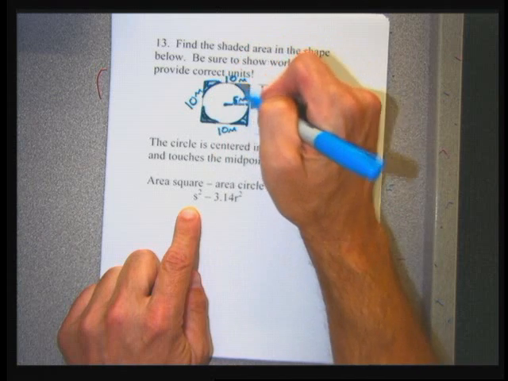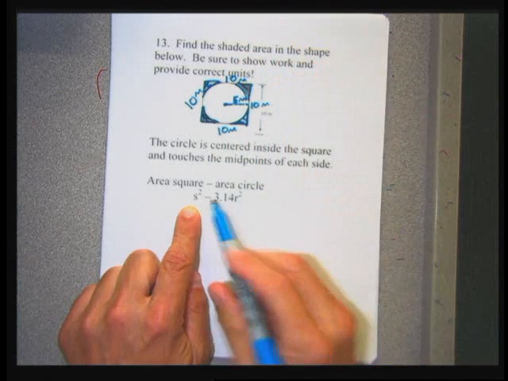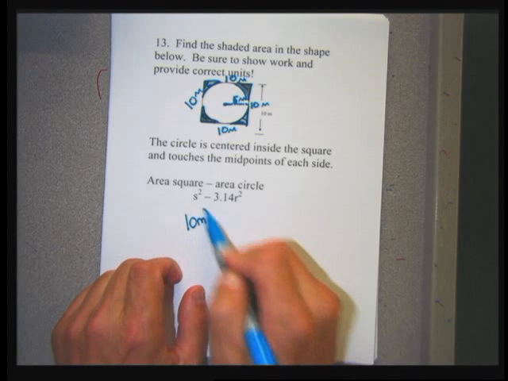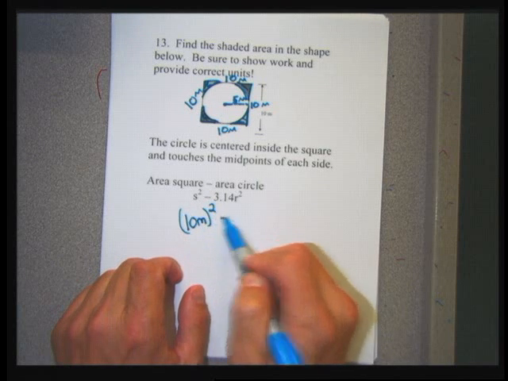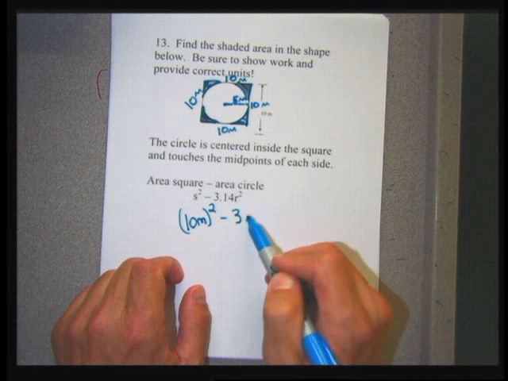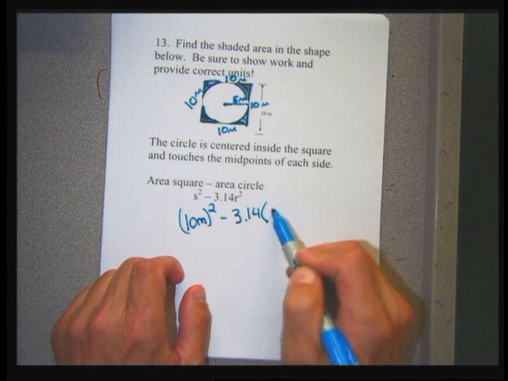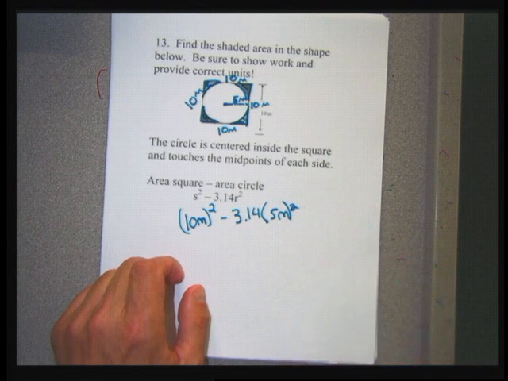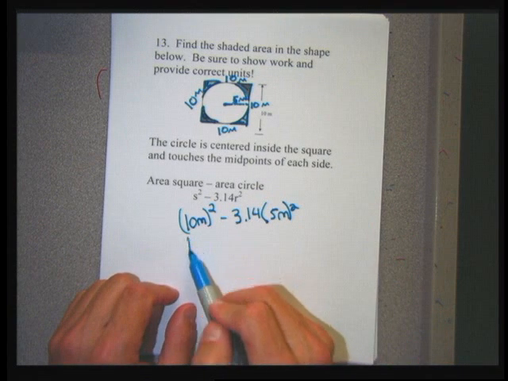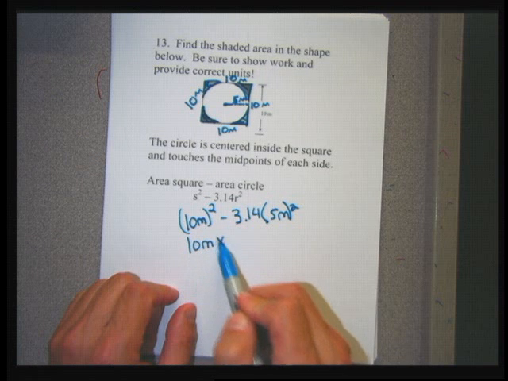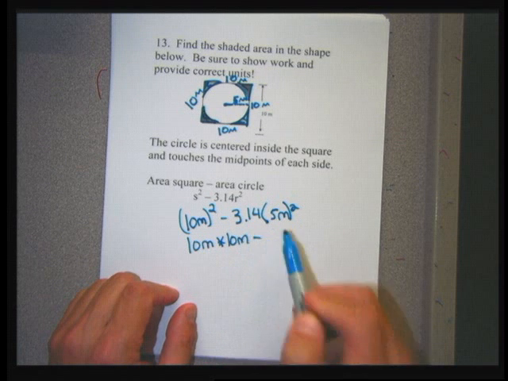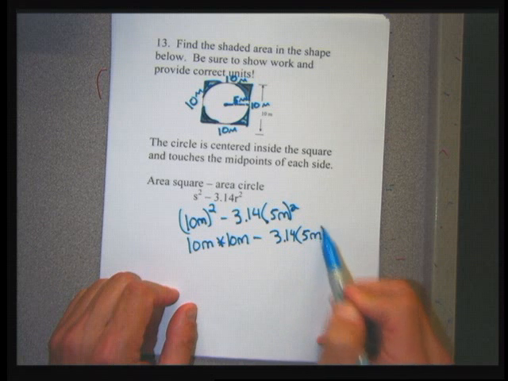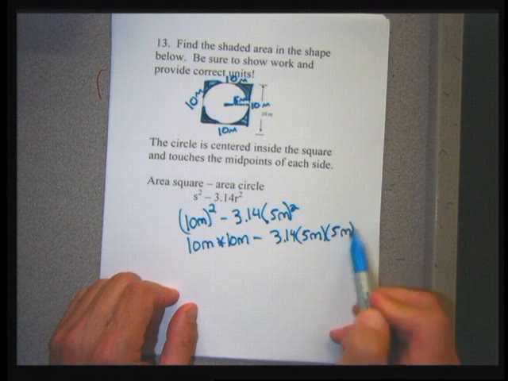So I decided that I was just going to find the area of the square, which is 10 meters squared, minus the area of the circle, which is 3.14 times 5 meters squared. So this is going to be 10 meters times 10 meters minus 3.14 times 5 meters times 5 meters.